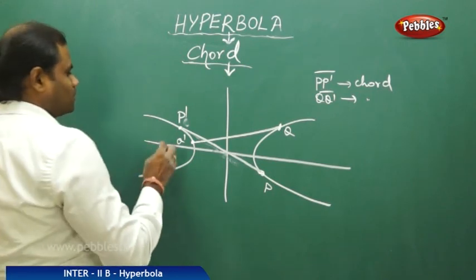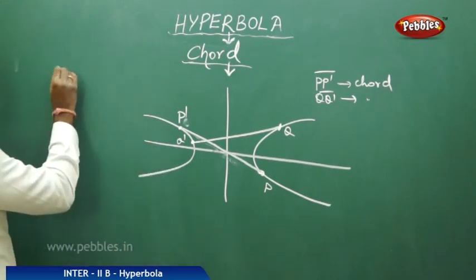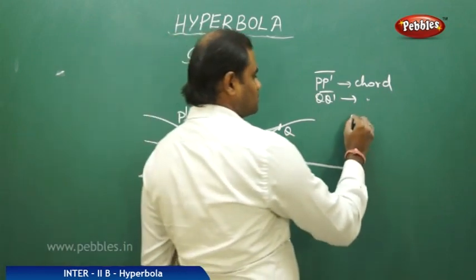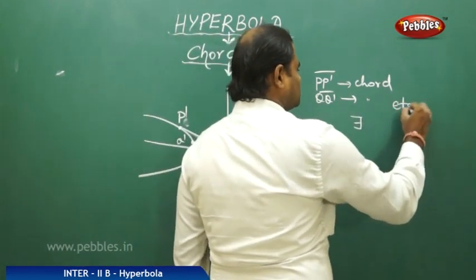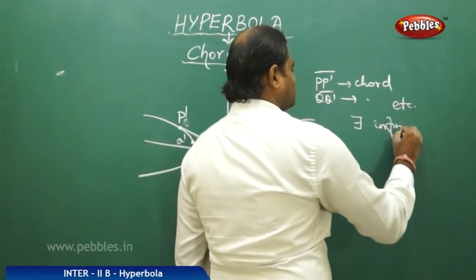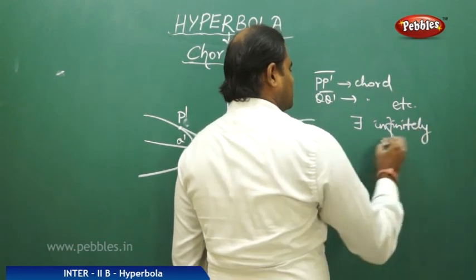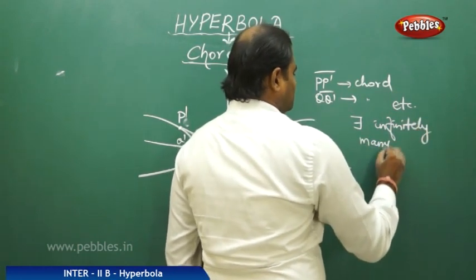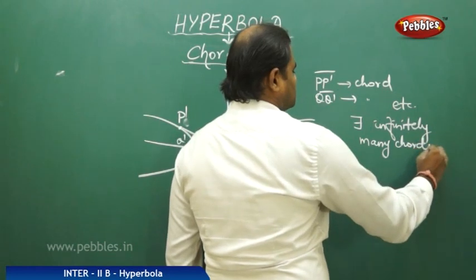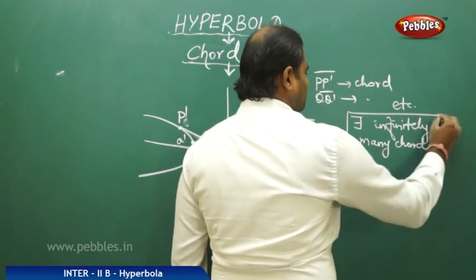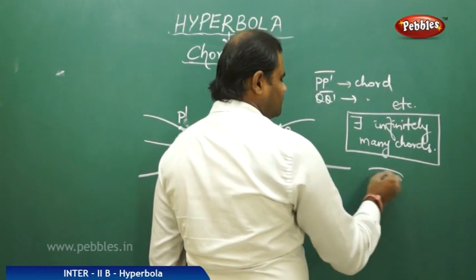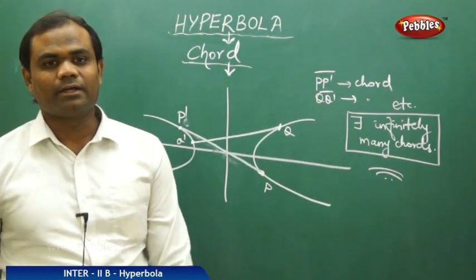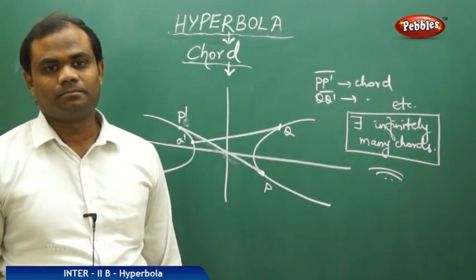Therefore, we conclude that there exist infinitely many chords for the hyperbola. This is how we identify this property.